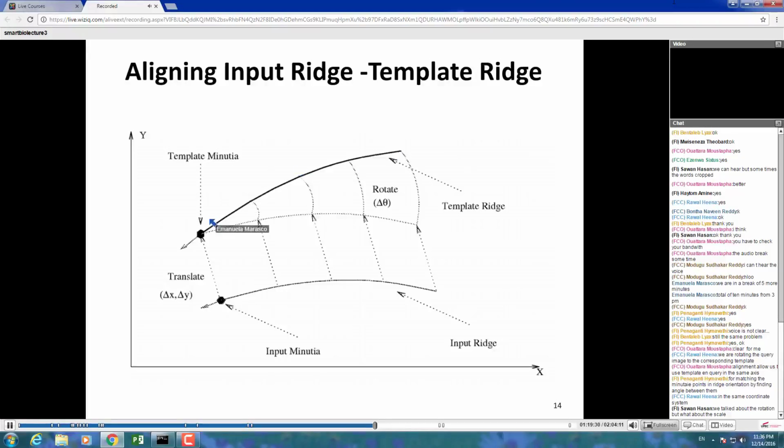It is rigid: we first translate and then we rotate. This is the transformation that we do when we align the minutia points extracted from the input image to the ones extracted from the template.